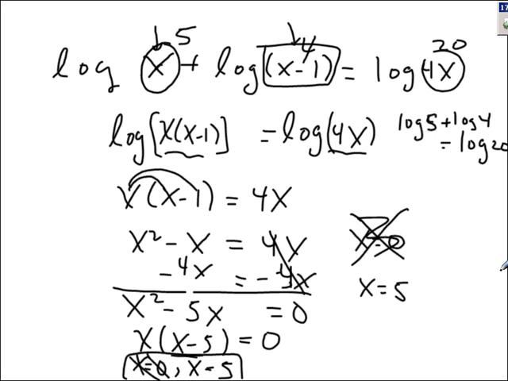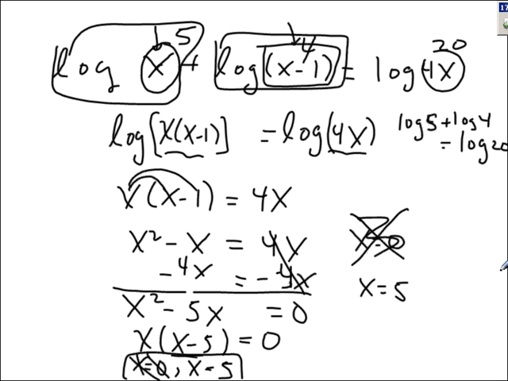So there's your check. Log of 5, because x is 5, plus log of 4, 5 minus 1 is 4. Well, that's log of 5 times 4, that's log of 20. That's exactly what the right-hand side says. Your check shouldn't be brutal. You don't need to write down as much as you think you do to do a check.